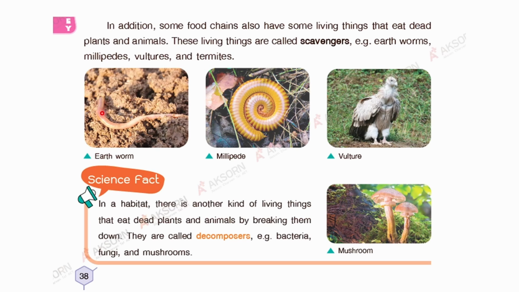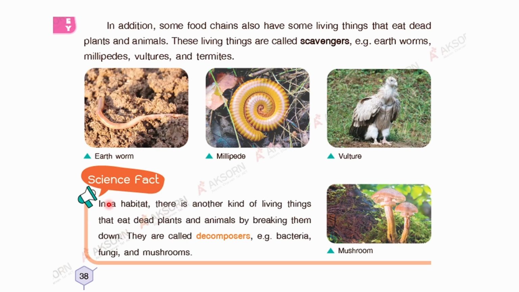Okay, so here is a picture of an earthworm, a picture of the millipede. You see these a lot here in Thailand. Some of them are quite big. And the vulture. I don't think you have vultures in Thailand. But these will eat dead, rotting vegetation or plants and animals.